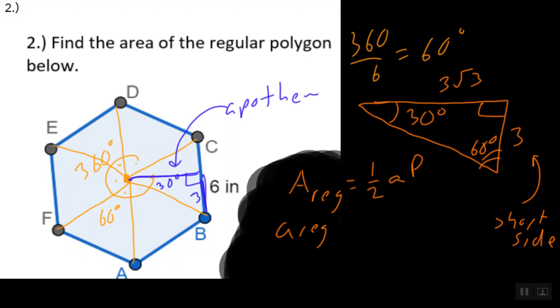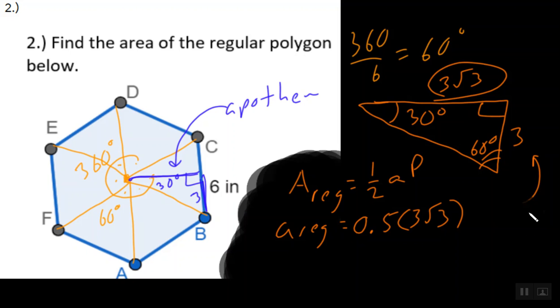Or if we're going to put this in a calculator, I just put 0.5 times our apothem, 3 square roots of 3, times our perimeter. Now, you should know how to find the perimeter of a shape at this point. So I will leave you to finish this problem on your own.